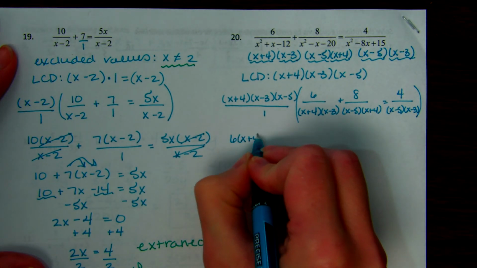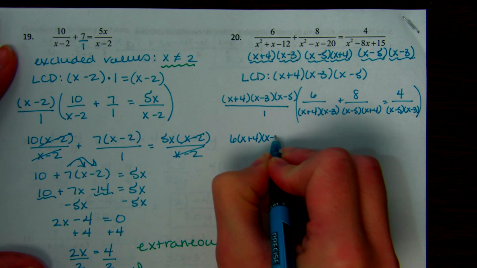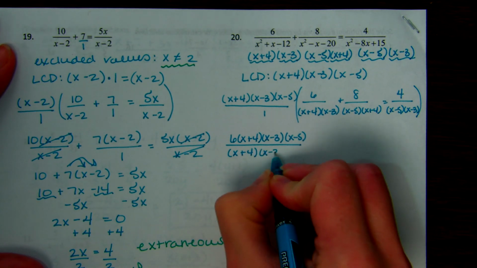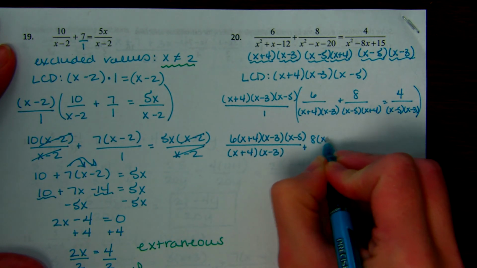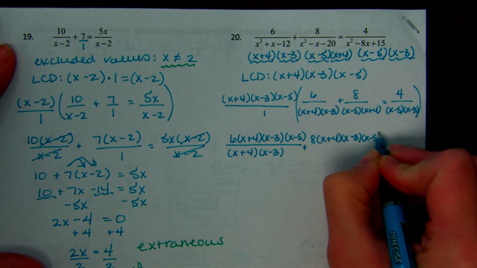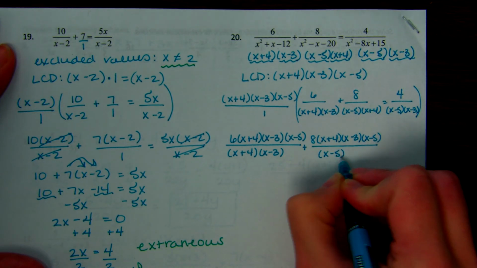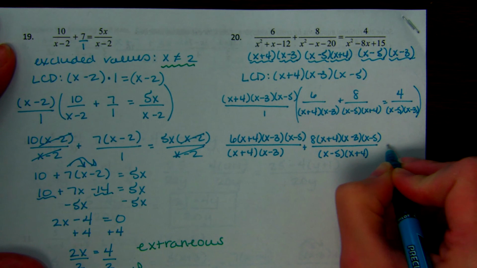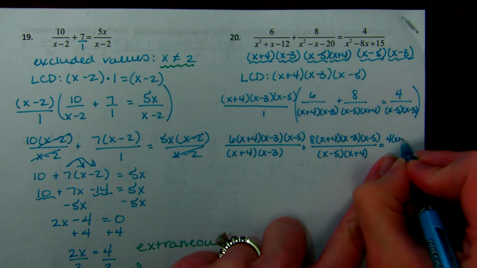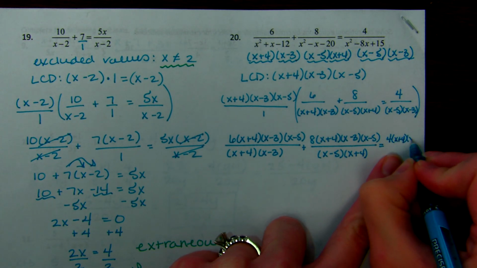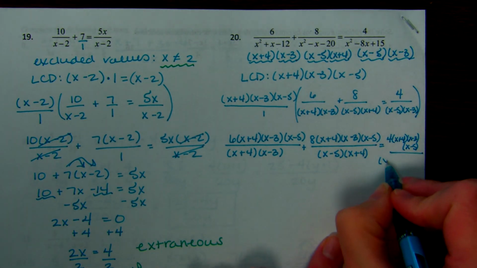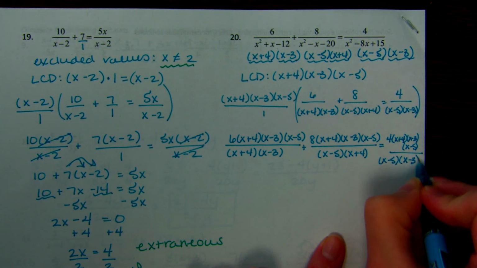So 6 times x plus 4, x minus 3, x minus 5 over x plus 4 and x minus 3 plus 8 times x plus 4, x minus 3, x minus 5 over x minus 5 and x plus 4 is equal to 4. Ooh, we've run out of space, guys. Times x plus 4, x minus 3, and we'll just put it right here, x minus 5 over x minus 5 and x minus 3.